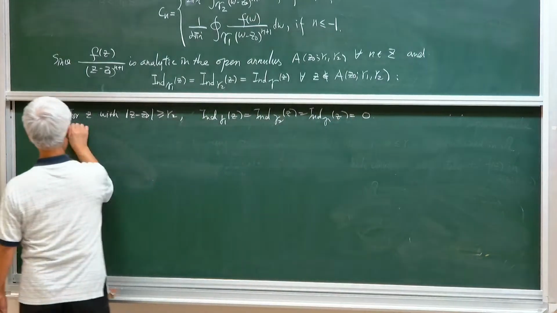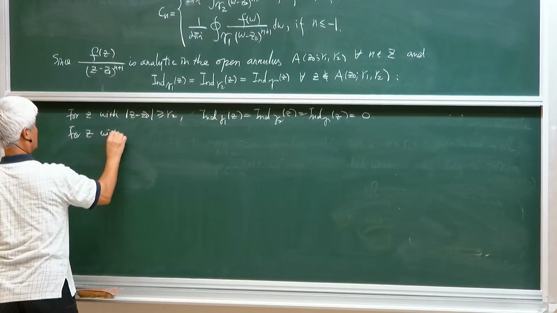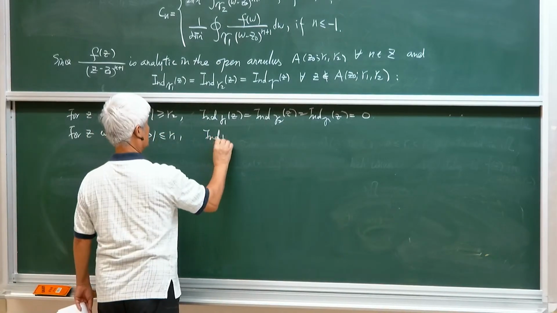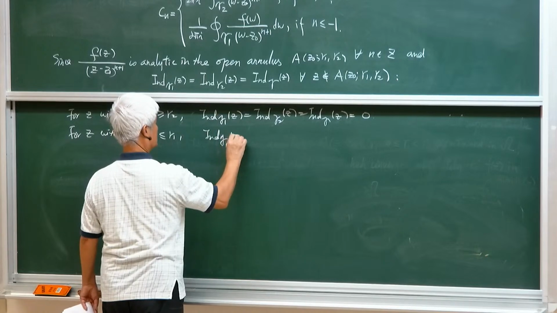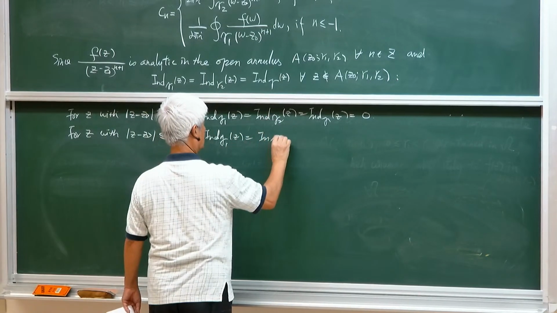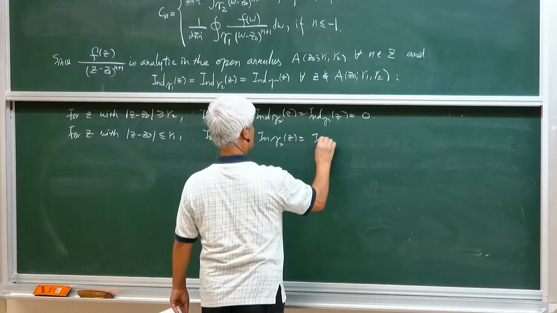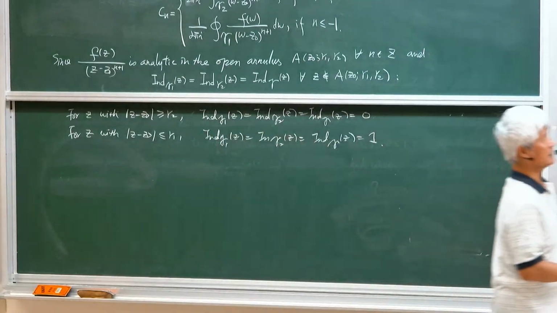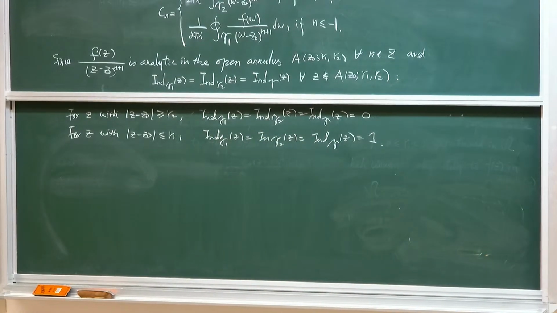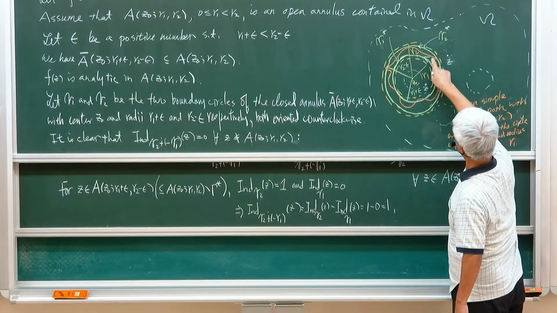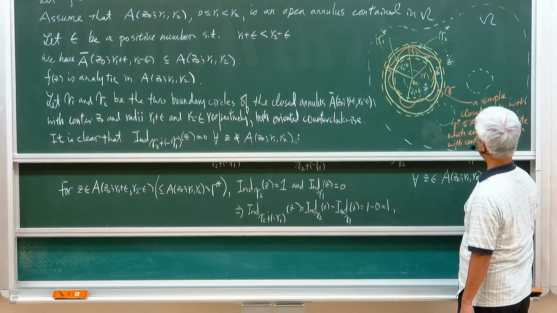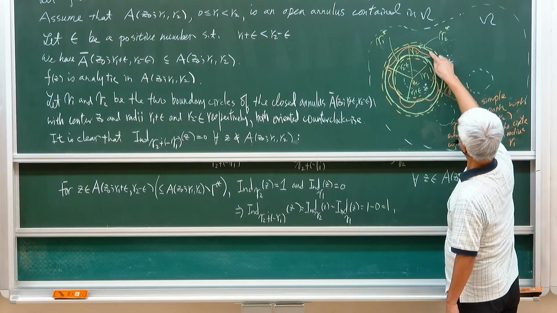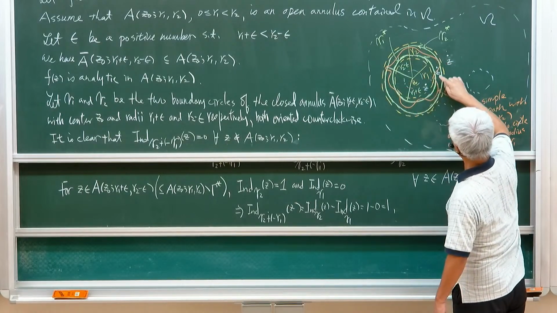And for z with the distance from z0 less than or equal to R1, the index of gamma 1, gamma 2 and gamma at z is equal to 1.